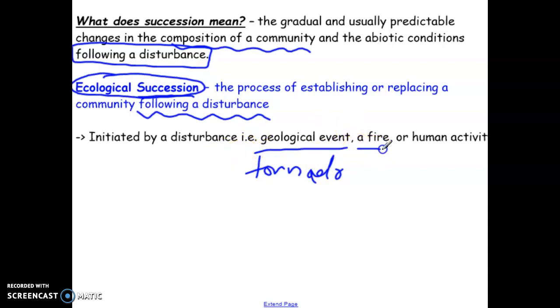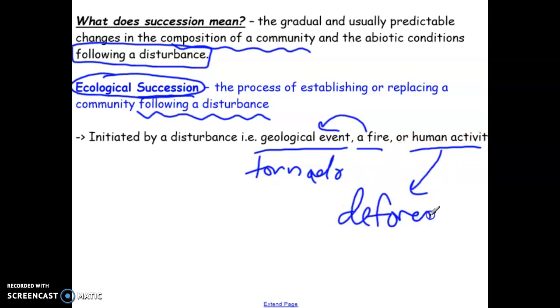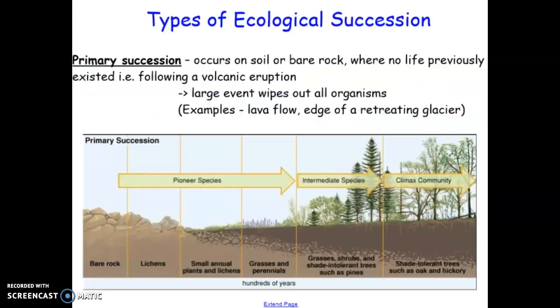A forest fire can be natural, or it can be deliberately set, like criminal or human activity. What we mean here is typically deforestation. If we were to cut down trees in a particular area, what happens once that disturbance is done?